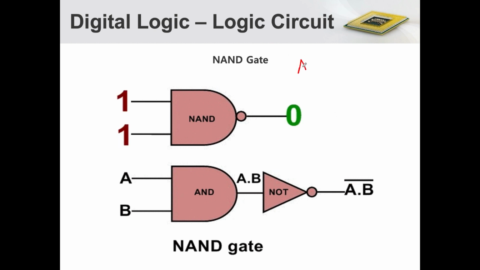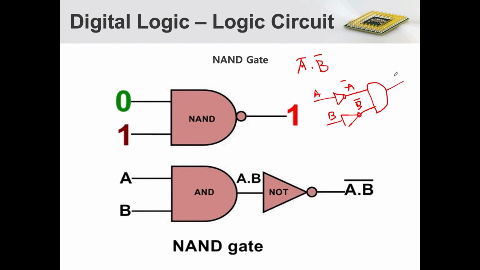Let's say you have A bar dot B bar: you have A, this is A bar, and then you have another input, B, and you get the output B bar, and together you multiply these using the AND gate and get the output.